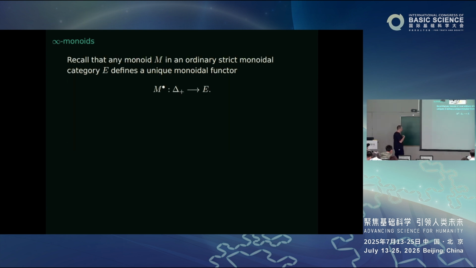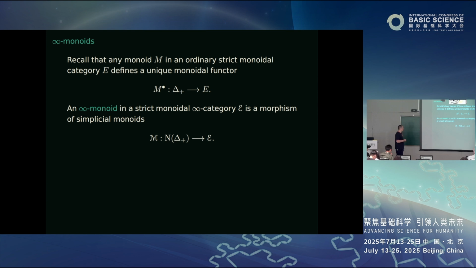Okay, now I want to define the notion of infinity monoid in a strict monoidal infinity category. Let me remind you that on one of the first slides, I told you that for an ordinary strict monoidal category E, monoids are in one-to-one correspondence with strict monoidal functors from the augmented simplex category to this strict monoidal category, and we generalize this definition to define an infinity monoid.